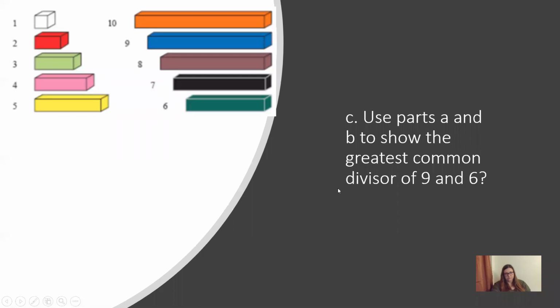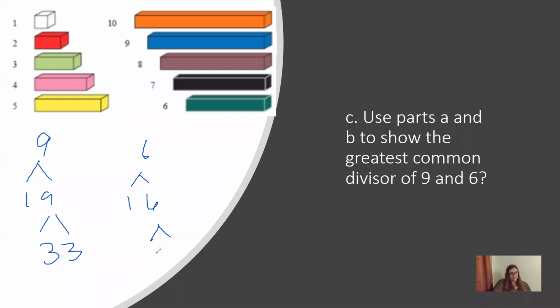So, 9 broken down like so. So the greatest common divisor also means the greatest common factor.